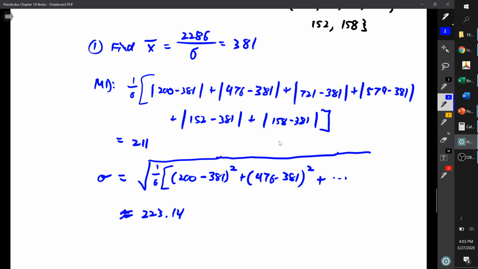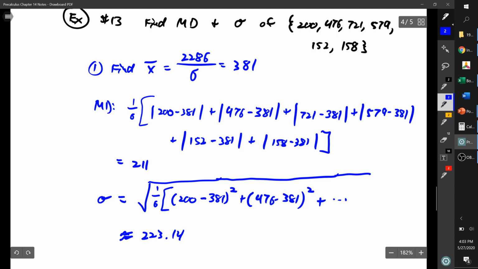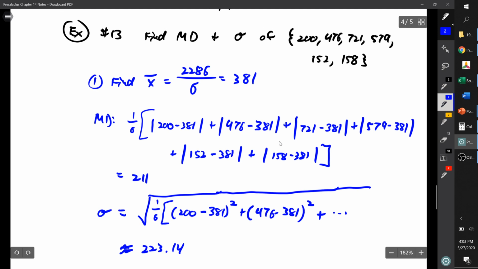And again, what it's showing you is how close versus how far. So let's look at our mean deviation here, a mean deviation of 211. What that tells us is our average is 381, but then on average, how far away from 381 are our data points?